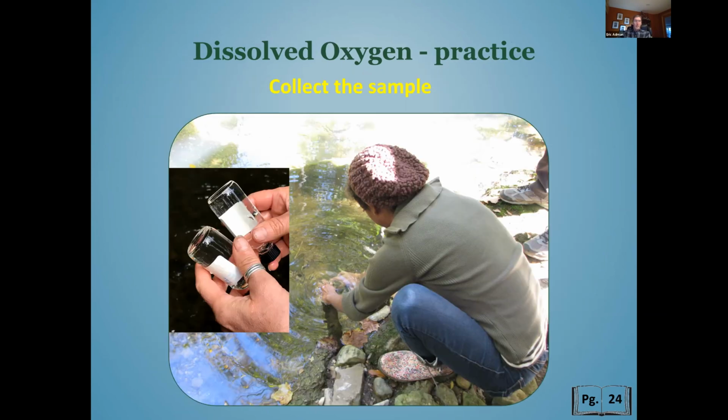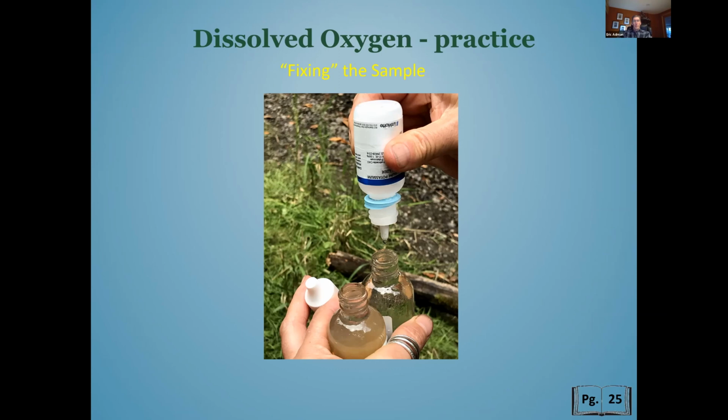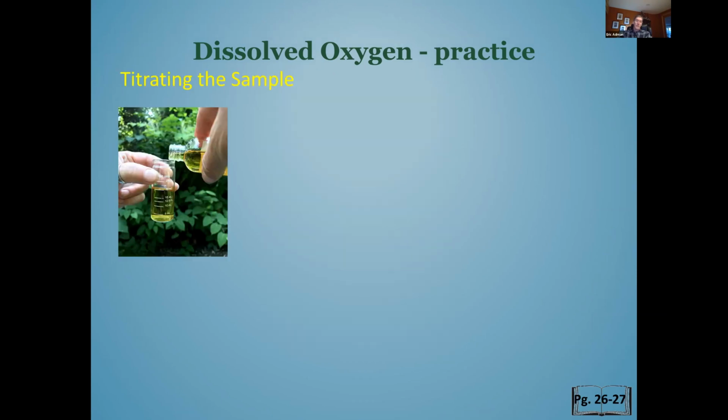The basic process of sampling for dissolved oxygen is essentially three parts. Part 1 is collecting the sample. Part 2 is a series of titration reactions that fix the sample. And then part 3 is titrating the sample.